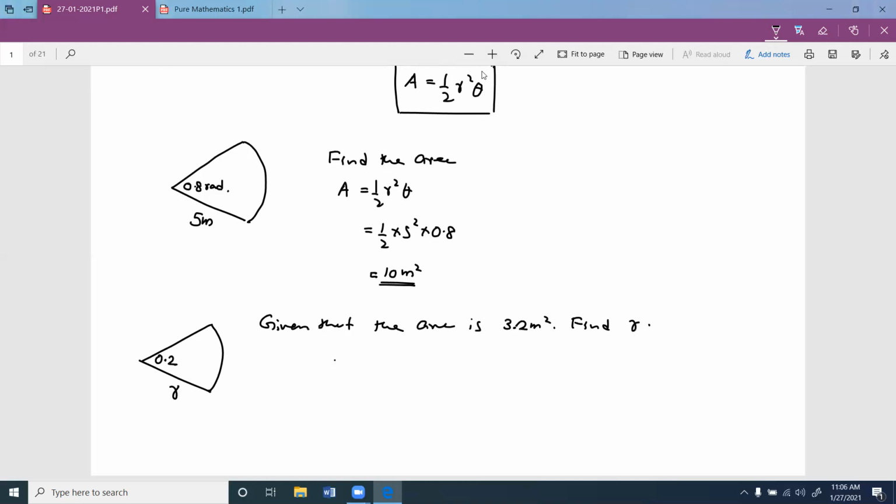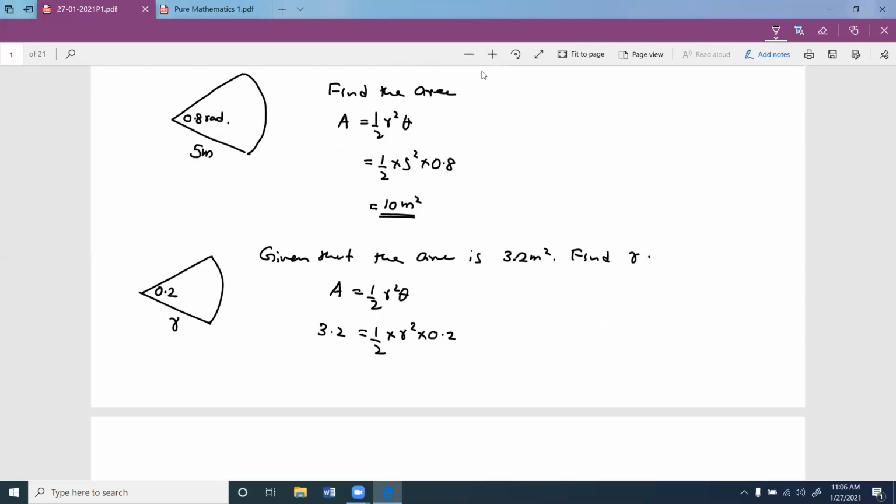Simply you can say A equals half r squared theta. Then 3.2 equals 1 over 2 into r squared, and theta is 0.2. Simplifying, 0.1 r squared equals 3.2. Therefore r squared equals 32. So r becomes the square root of 32, that is 4 root 2 meters. So simply you can get this answer.